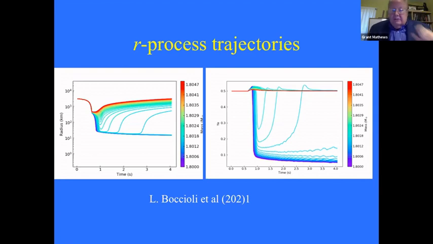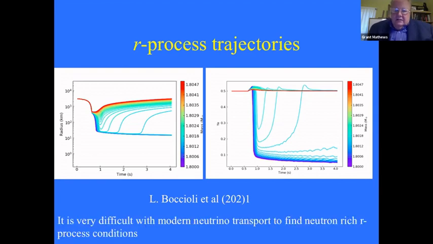So the conclusion is that it is difficult in the modern transport codes to make a good neutrino-driven wind.